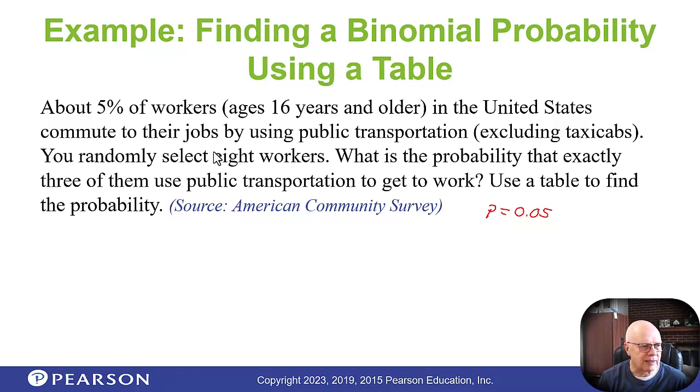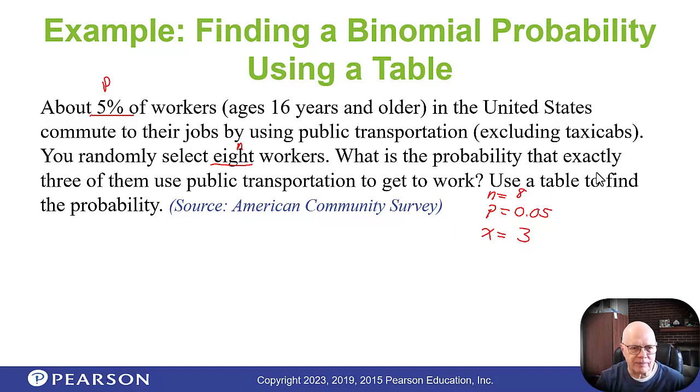You randomly select 8 workers, so there's our 5%. That's the probability. 8, that's our n. So put that over here with the rest. What's the probability exactly 3 use public transportation? So we're going to pick 8 workers, and we want to know what's the probability of getting exactly 3.